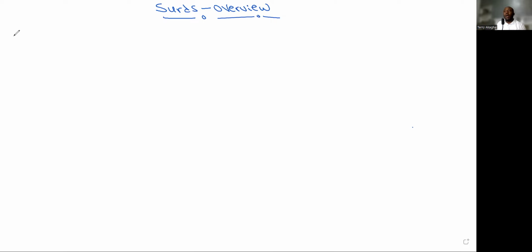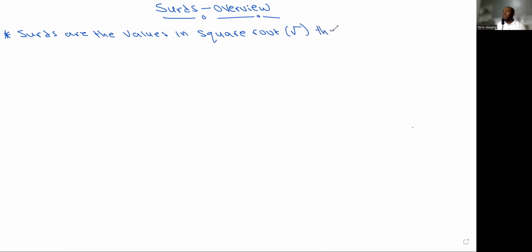Just to help those that are jotting as well, I can write down the definition here: surds are the values in square roots. Square root being this sign, that's the square root sign.